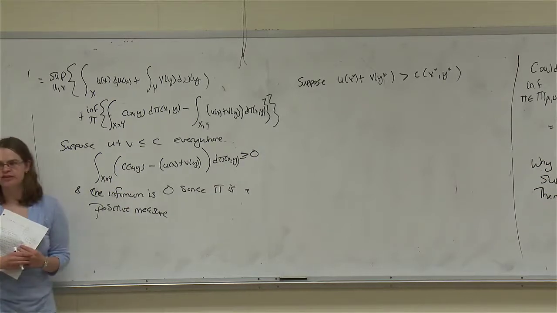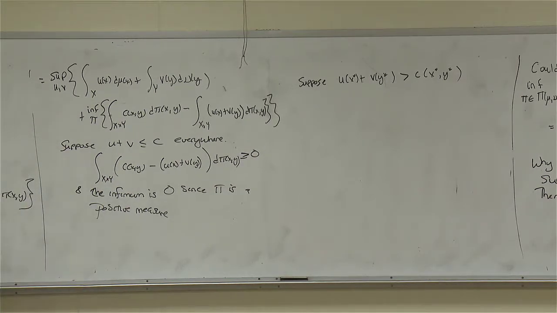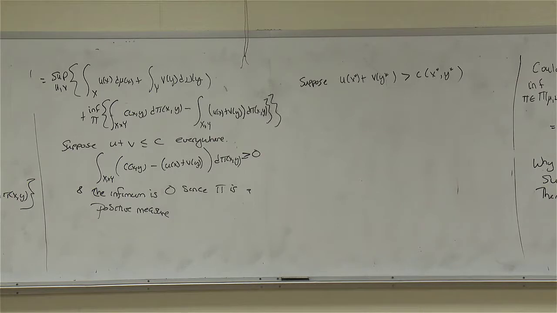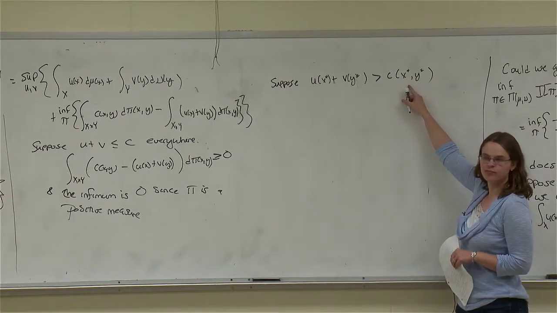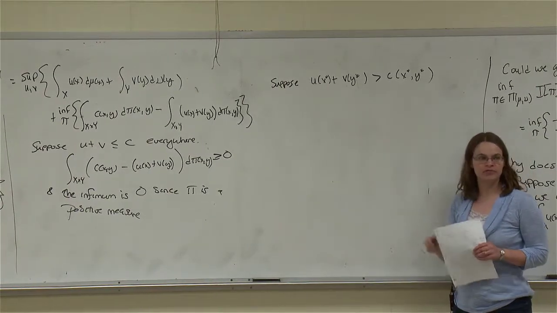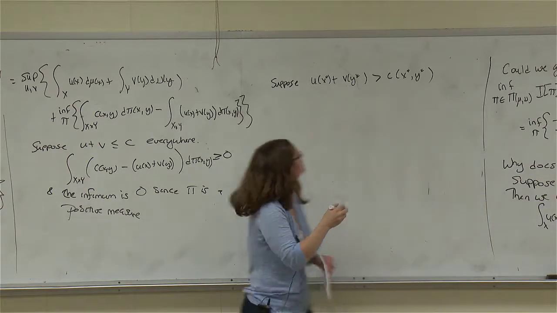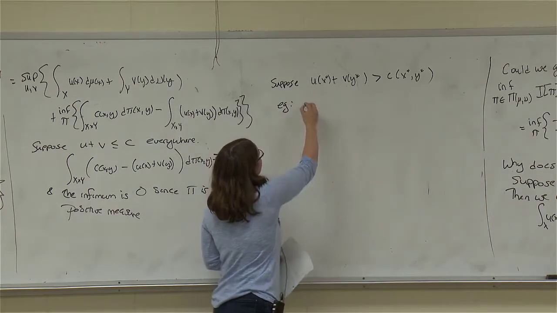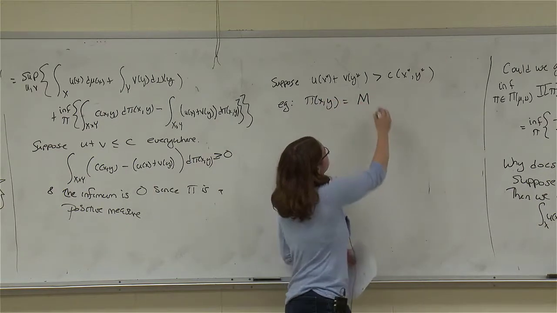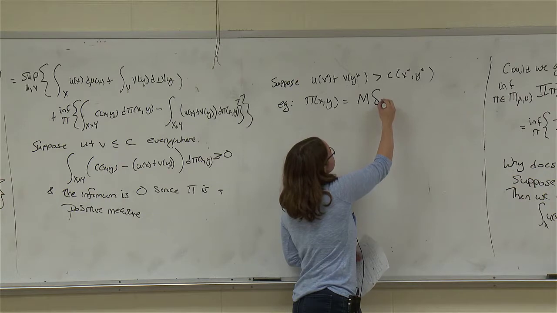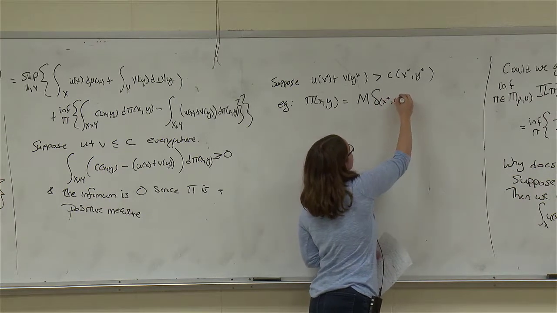And now we want to find the infimum of this thing. So what's the infimum of that over all positive measures? Negative infinity, yeah. So for example, I could stick a delta measure here at this point, and put a big weight in front of it that gets arbitrarily large. So for example, say pi is equal to some constant m times a delta at x star, y star.